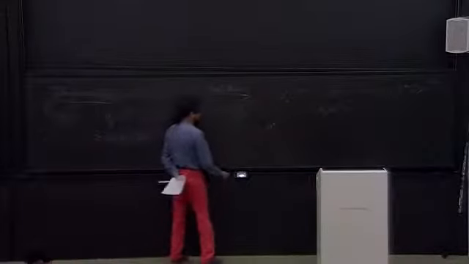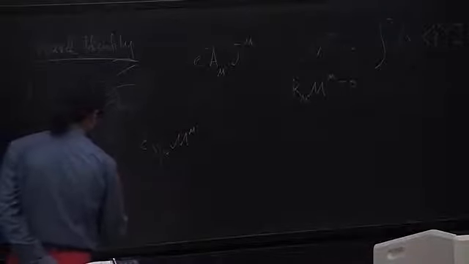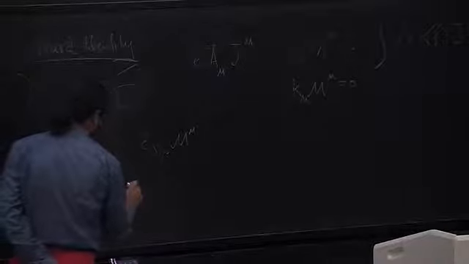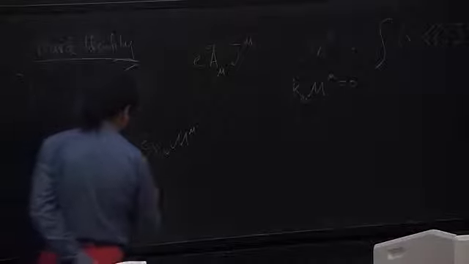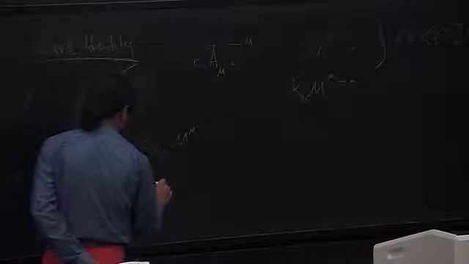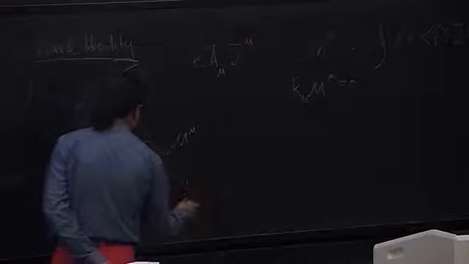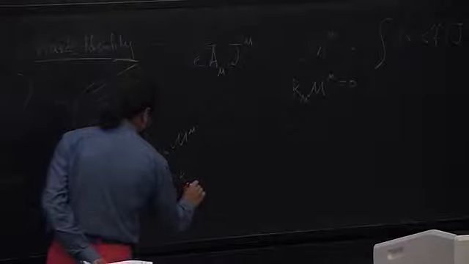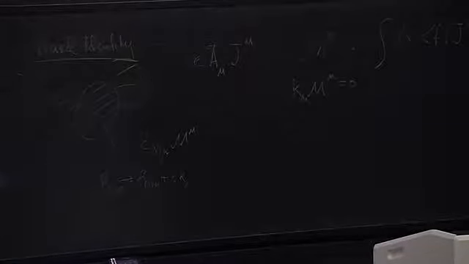Now, if you do a gauge transformation, then polarization vectors in the Lorentz gauge change up to some constant times the 4-momentum of the photon.